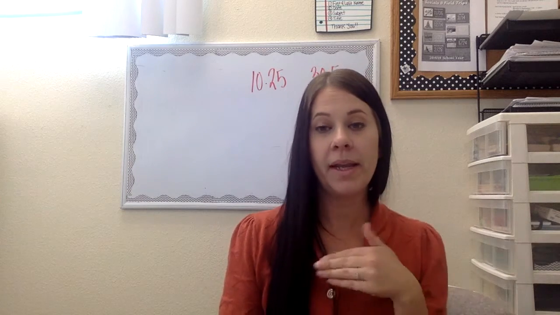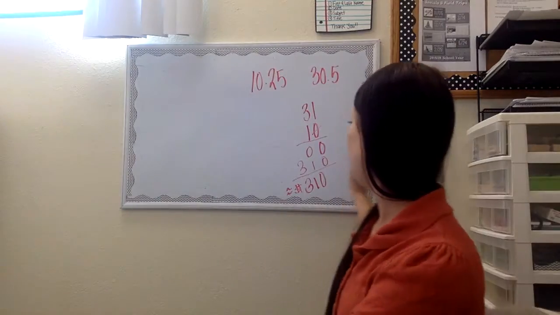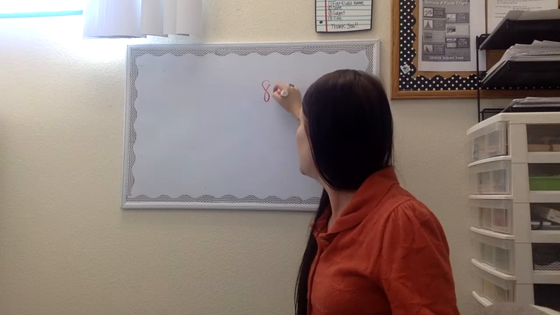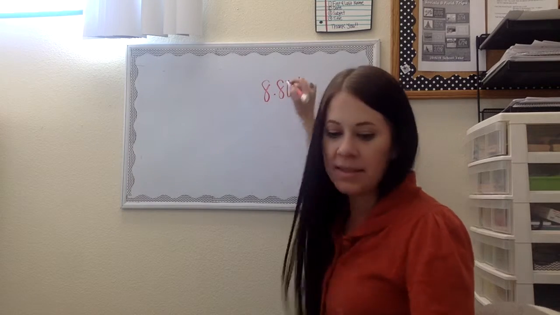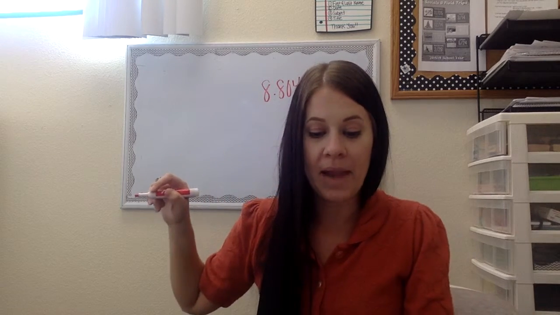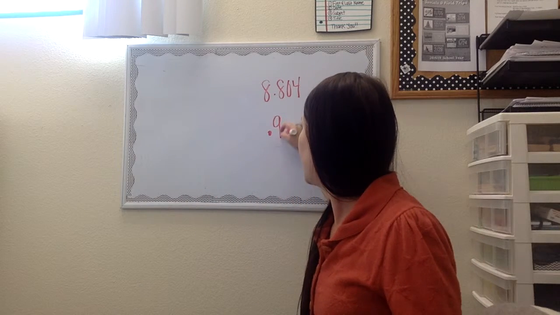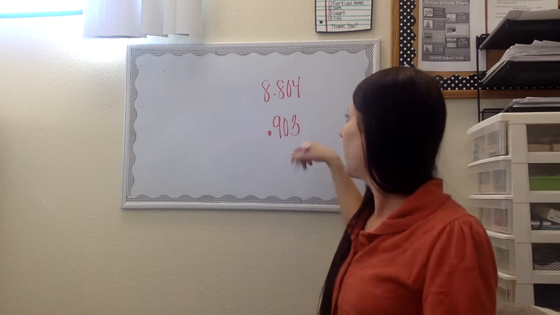All right, so number 20, we're on to new information. So let me erase this. So number 20 says Victoria's printer can print 8.804 pages in 1 minute. How many pages will it print in 9.3 minutes?